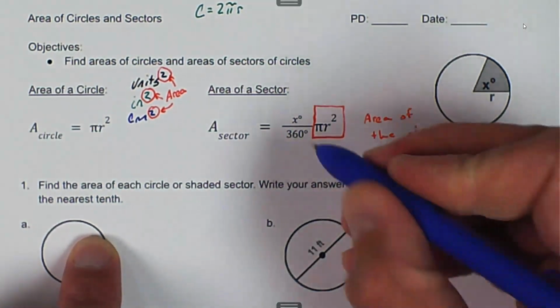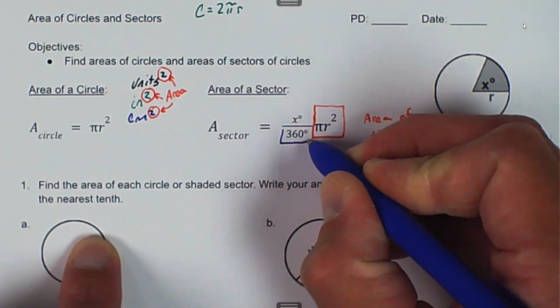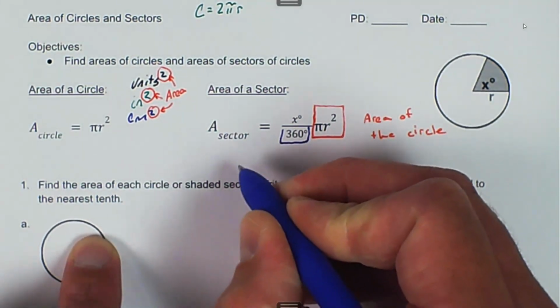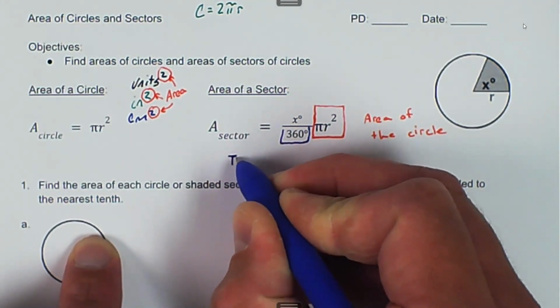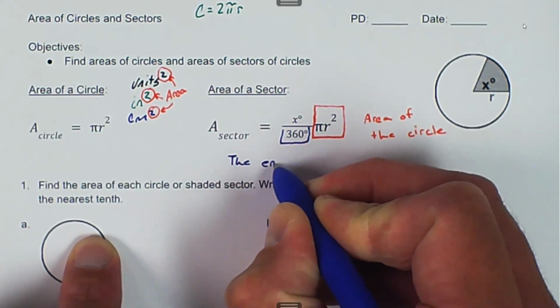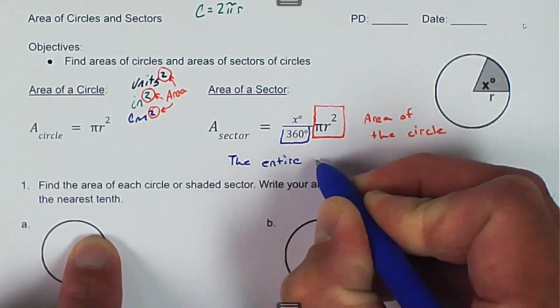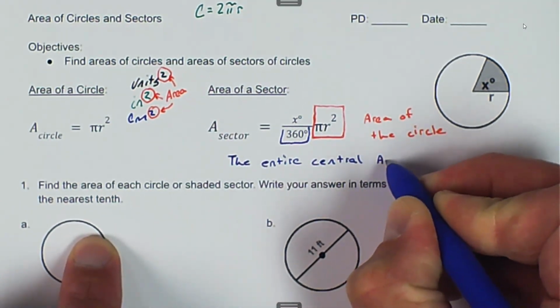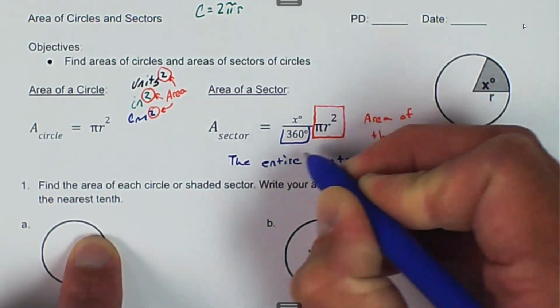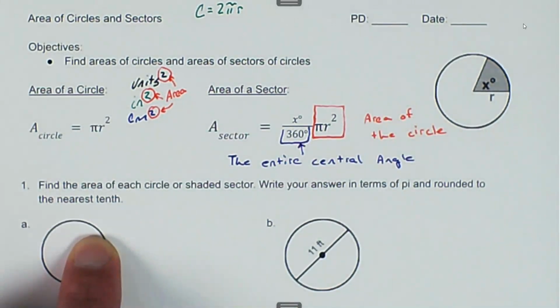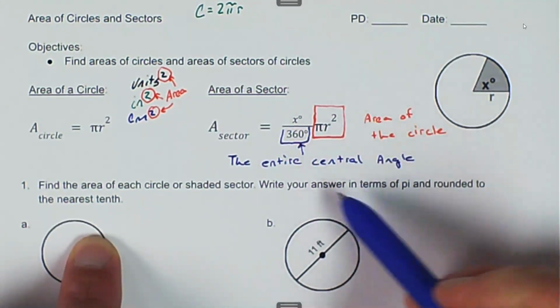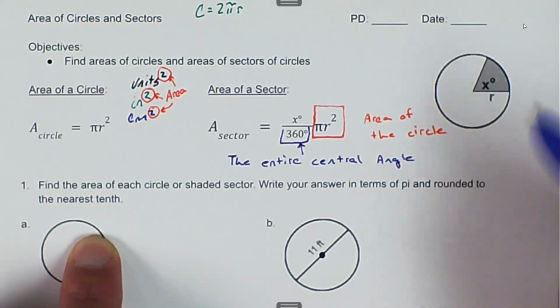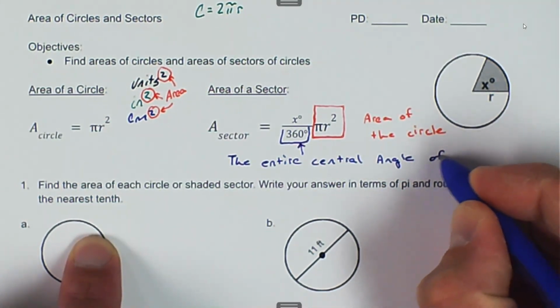360 degrees is the whole central angle, the entire central angle of a circle.